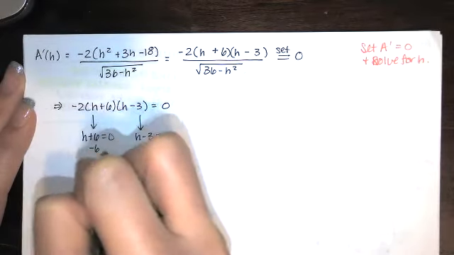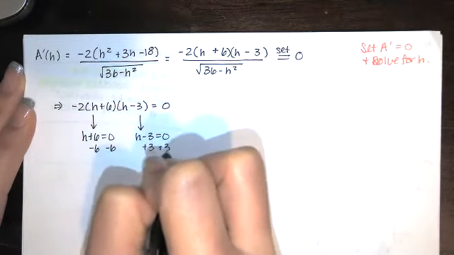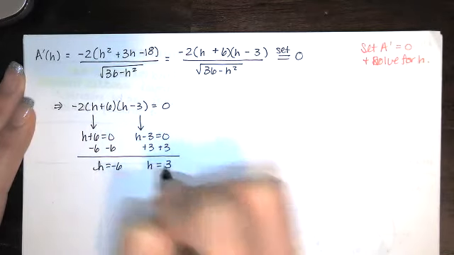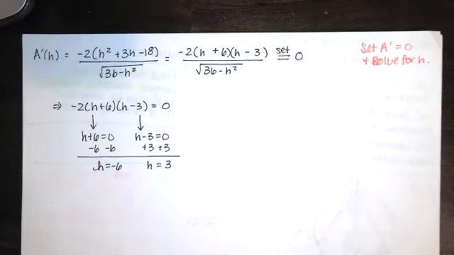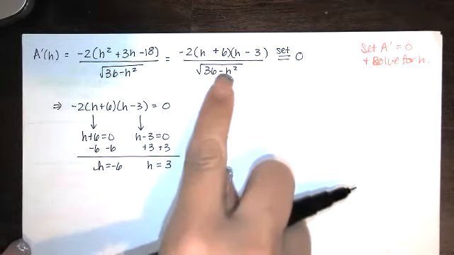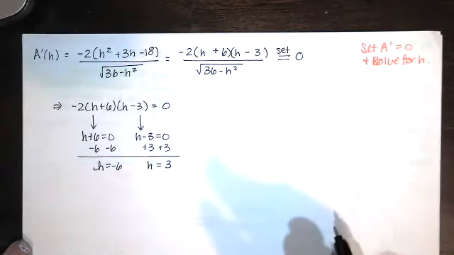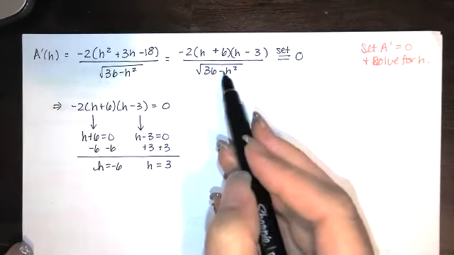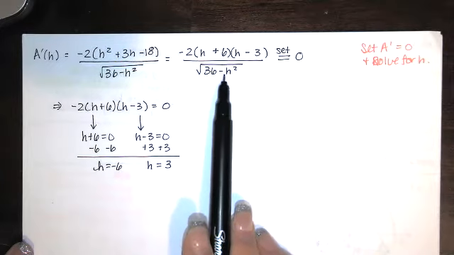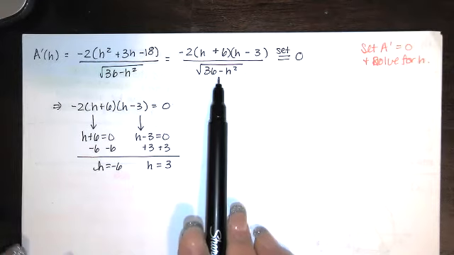So we solve each of those for H. Okay, so those are critical values of the function A of H. We should also keep in mind where A prime is undefined. This is undefined whenever 36 minus H squared is negative. This is negative whenever the absolute value of H is greater than 6.